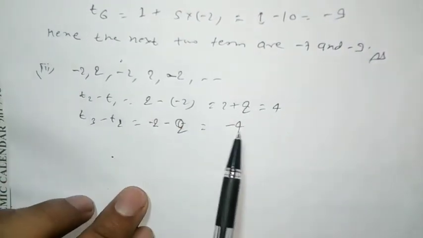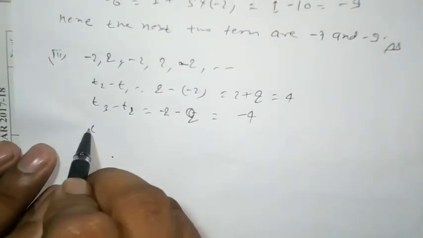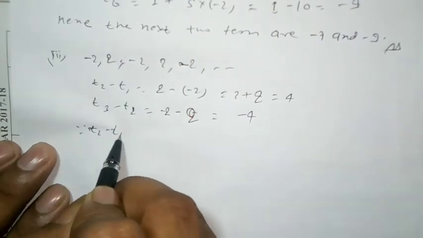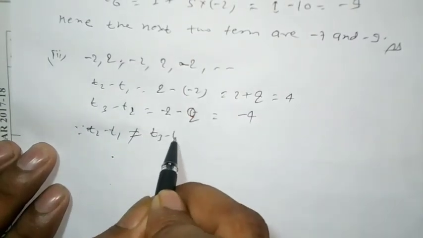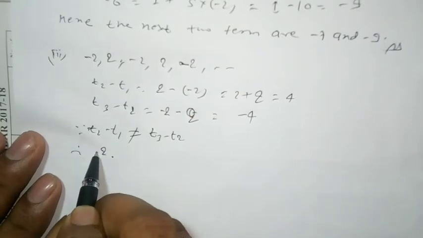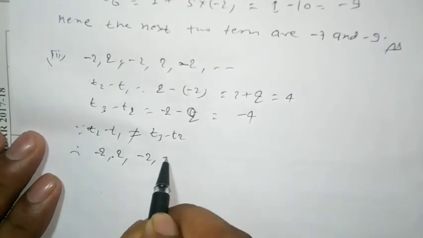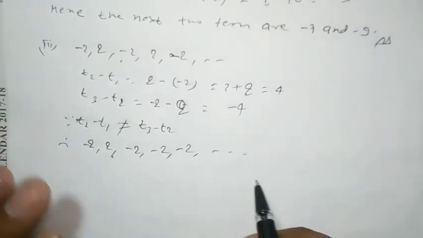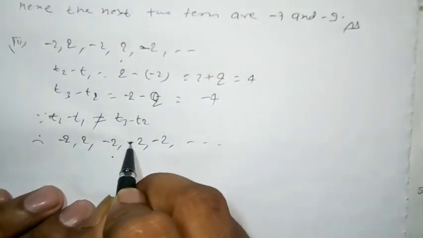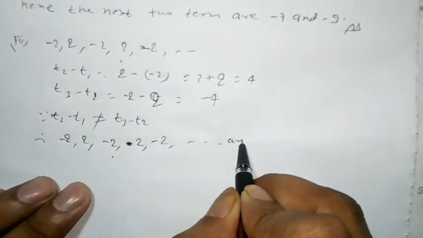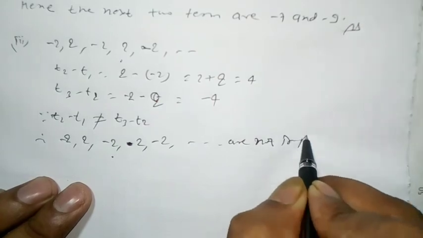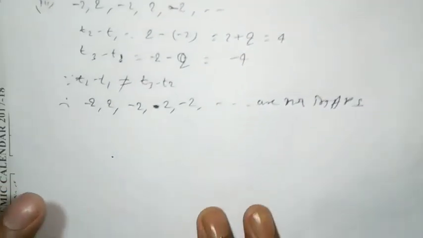Here both are not equal because T2 minus T1 does not equal T3 minus T2. Therefore minus 2 2 minus 2 2 minus 2 dot dot dot are not in AP.